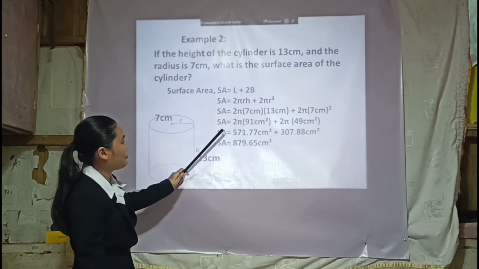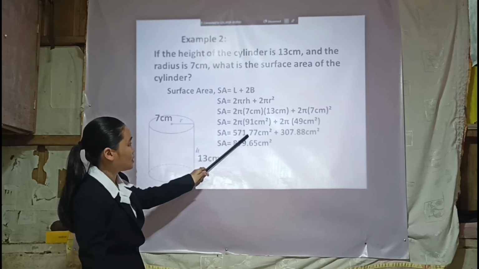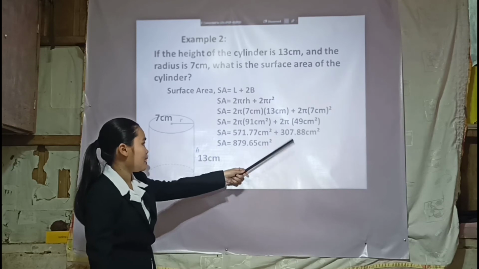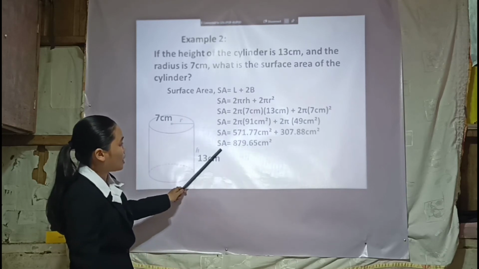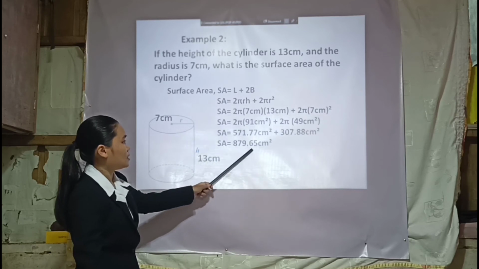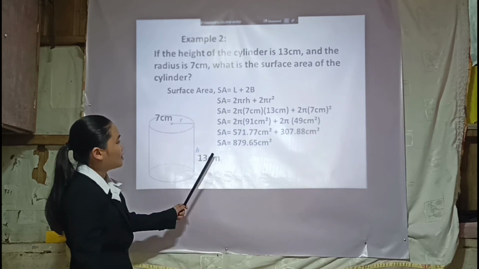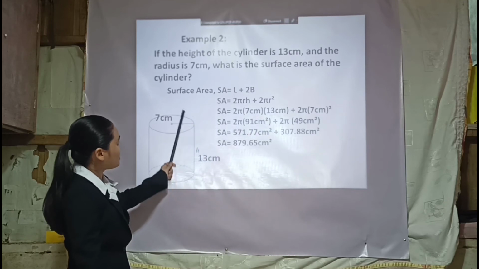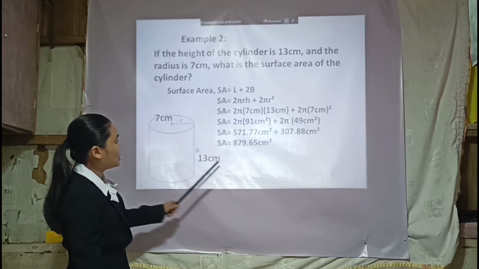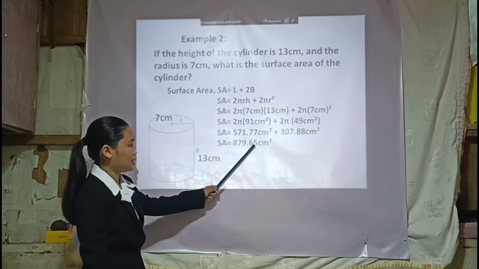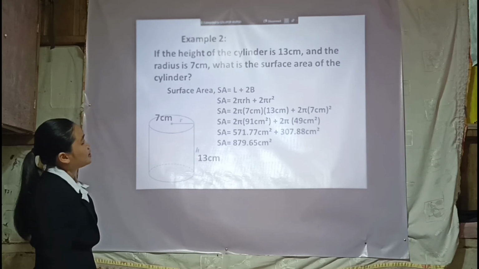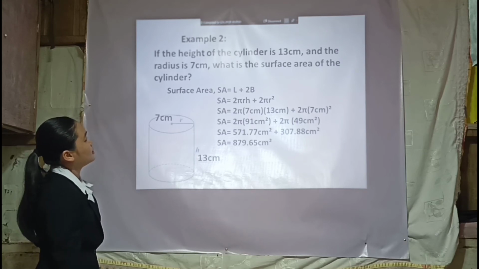And the total of 571.77 centimeters squared plus 307.88 centimeters squared equals 879.65 centimeters squared. So the value of surface area of this example is 879.65 centimeters squared. Let's proceed to another figure.